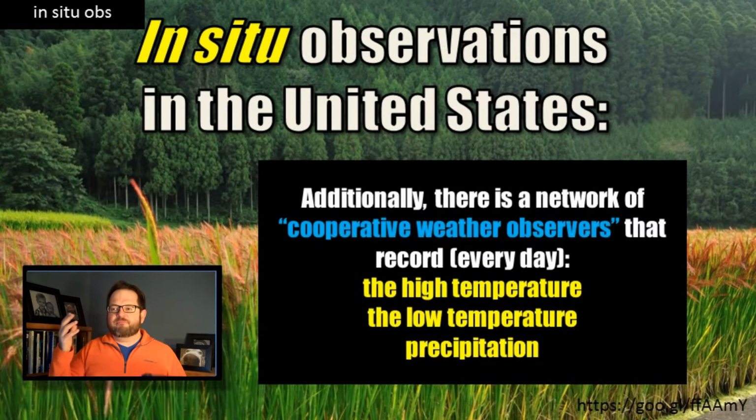And basically, the Cooperative Weather Observing Network then issues them a special kind of little weather station, we'll see some examples in a little bit, that records not the hourly temperature and the hourly winds and so on, but just daily values like the daily high temperature and the daily low temperature and the 24-hour precipitation. And so at least we have some way of monitoring the weather at a larger number of locations.